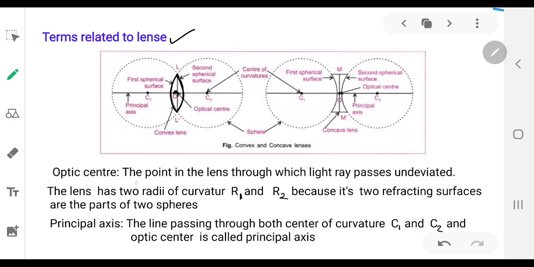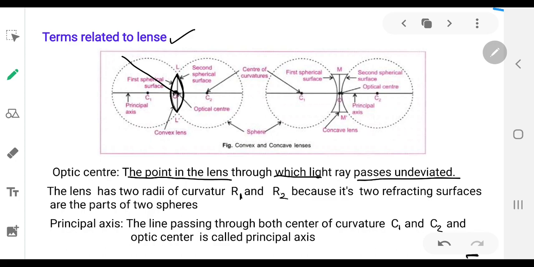Now the specification of that point is that it is the point in the lens through which a light ray passes undeviated. Even though light is traveling from one medium to another, air medium to glass medium, it is supposed to change its direction of propagation.